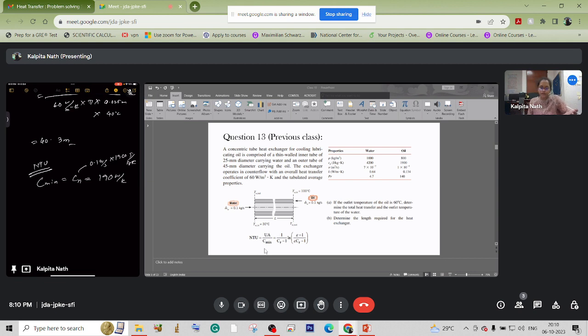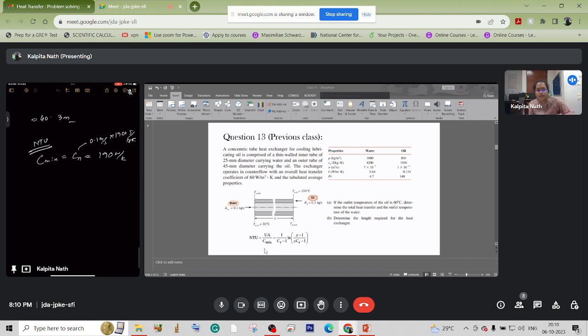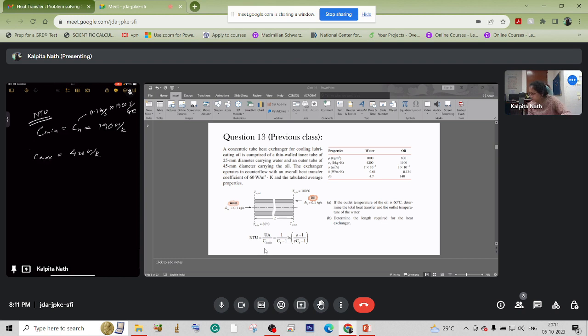Mass flow rate is same. Specific heat capacity is less for oil and more for water, so obviously heat capacity will be minimum for oil, 190 watt per Kelvin, and maximum is 420 watt per Kelvin, right?